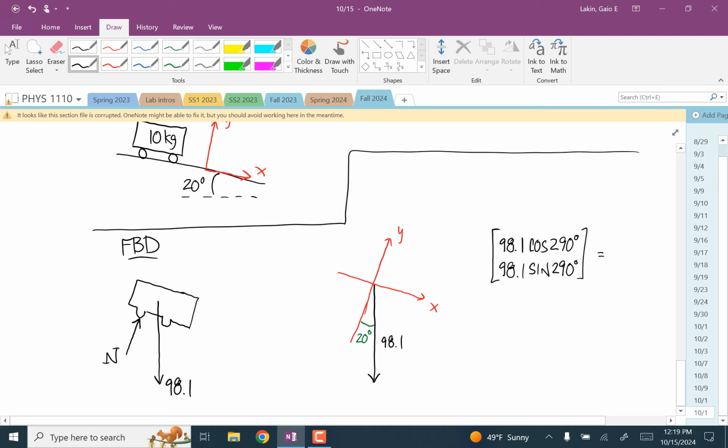Punch that into your calculator, and it gives you 33.52, negative 92.18. So that's the weight force in this rotated coordinate system. Does it make sense looking at this picture that it has a positive x component and a negative y component?